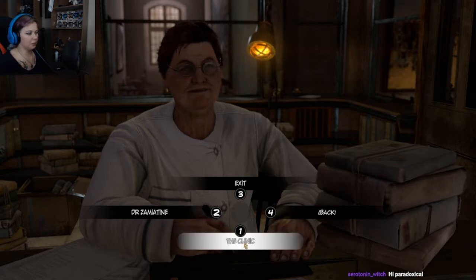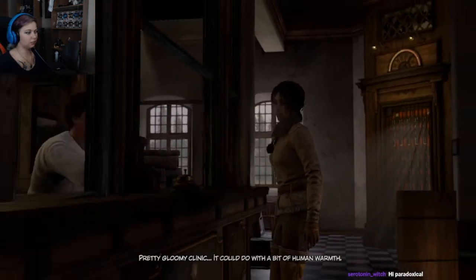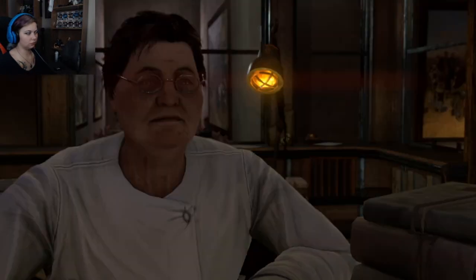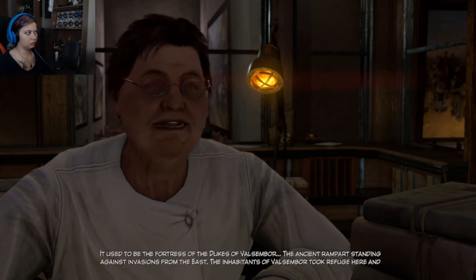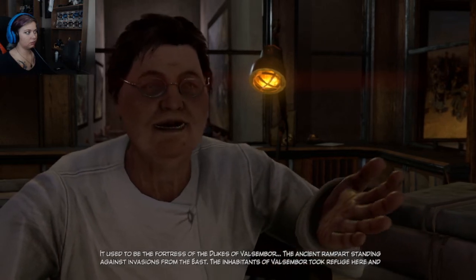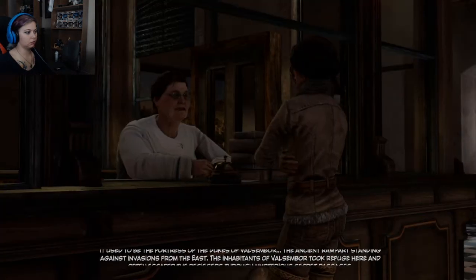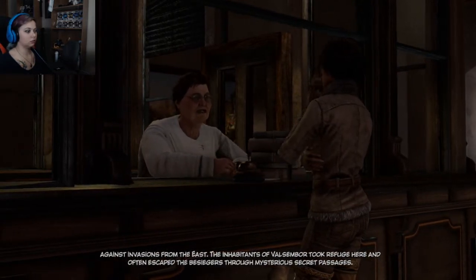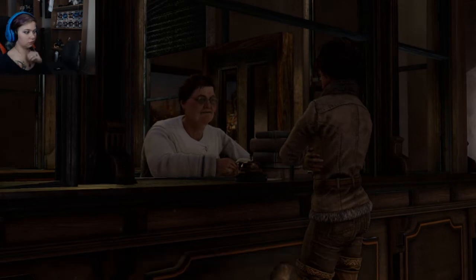What do you have to say about the clinic? Pretty gloomy clinic. It could do with a bit of human warmth. It used to be the fortress of the Dukes of Valsambor, the ancient rampart standing against invasions from the east. The inhabitants of Valsambor took refuge here and often escaped the besiegers through mysterious secret passages.